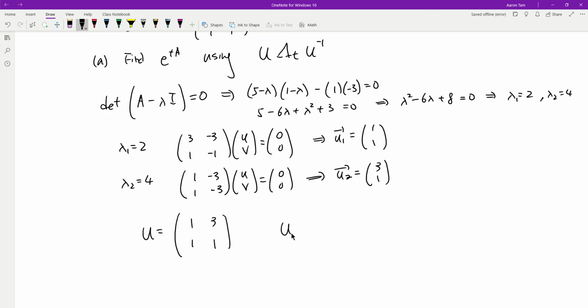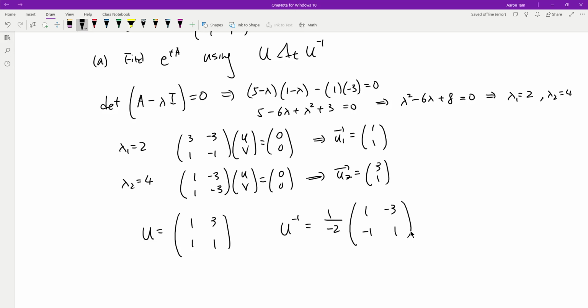So therefore matrix U inverse would be equal to 1 over, let's see, the determinant of this is 1 minus 3, so negative 2, 1 over negative 2. And then flip-flop these two, which are exactly the same, and negate these two, which now both become negative.